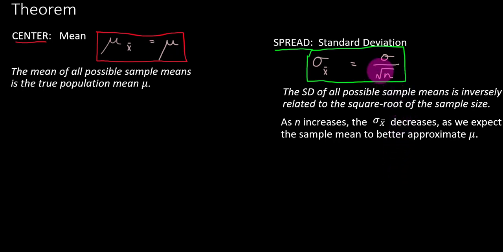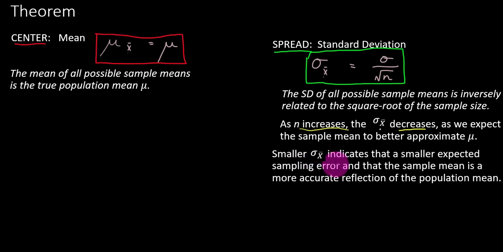And that's why n is in the denominator here, because as n increases, the denominator increases, this whole number decreases, indicating that the spread of the sample mean is less and will better approximate the population mean.